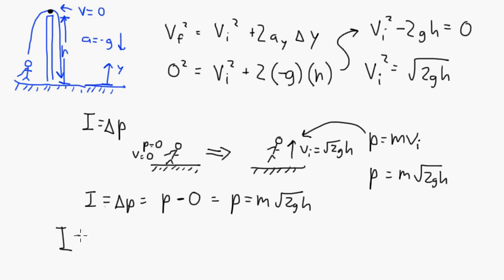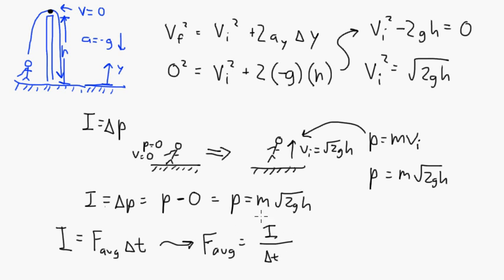So the relationship between impulse and force is impulse equals average force times the time that passes. Recall we said 0.07 seconds, but let's do it symbolically first. So we want to find the average force, which is going to equal the impulse over delta t.